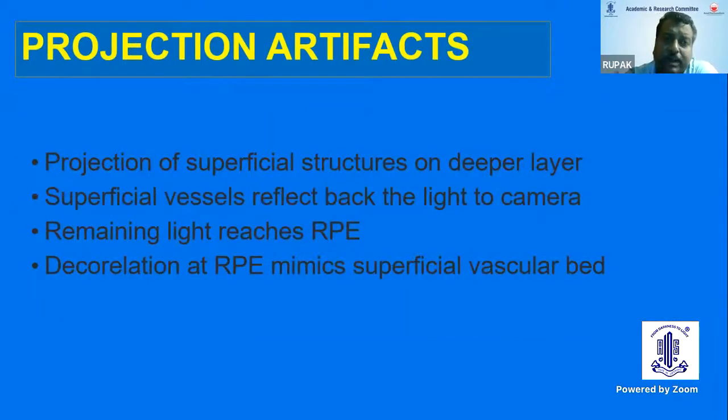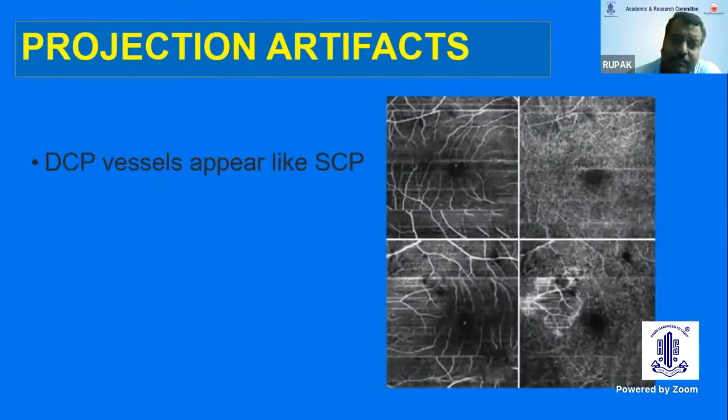Now, one of the commonest artifacts that we encounter in OCT angiography is the projection artifact. So projection of superficial structures on deeper layers. Superficial vessels reflect back the light of the camera, the remaining light, which is RPE. Decorrelation at RPE mimics the superficial vascular bed. This is an example from one of our papers where you can see this is the deep vascular plexus where you don't expect to see this kind of vasculature.